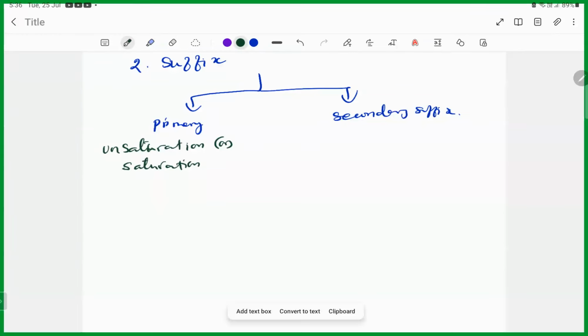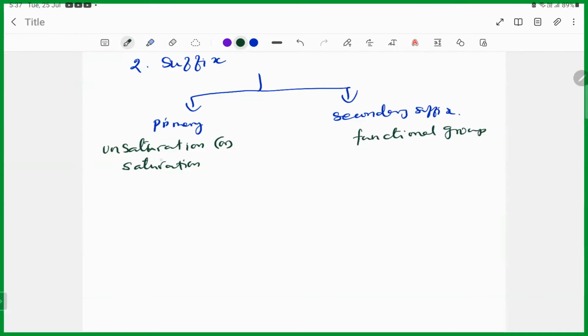Secondary suffixes are added after the primary suffix to indicate the functional group present in the carbon chain, like aldehyde, ketone, acid.